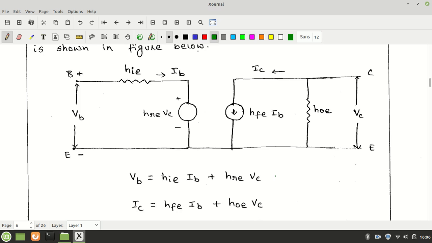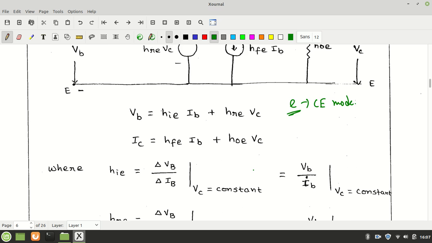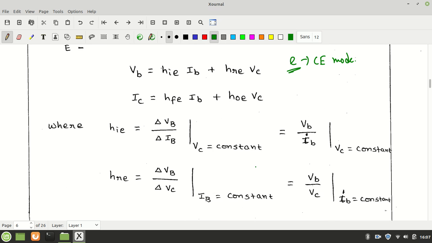Now for the CE mode, if the hybrid parameter model is drawn, then the parameters should be written as HIE, HRE, HFE and HOE. This E suffix comes from the common emitter mode. So this suffix is added to all the hybrid parameters, but the definitions are exactly the same. And here you can see in place of VO it is written VC, actually VCE, and in place of VBE it is written simply VB.